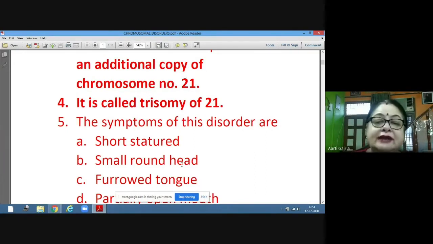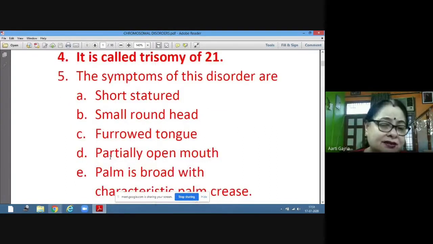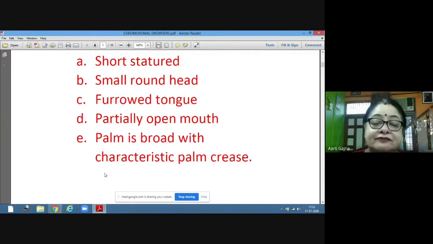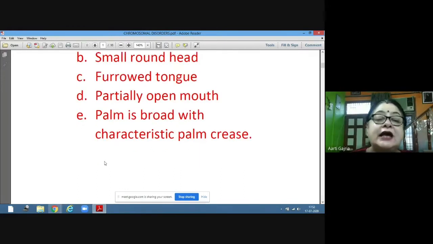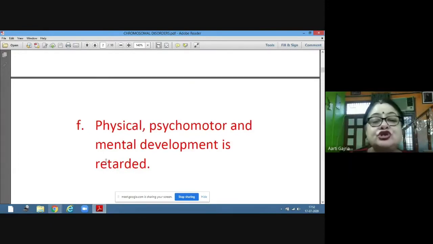A small round head is there, a furrowed tongue, and the child is salivating all the time and keeps the mouth partially open. The palm is broad with a characteristic palm crease, a single deep crease is present, and physical, psychomotor and mental development is retarded. So these are the symptoms of Down syndrome.